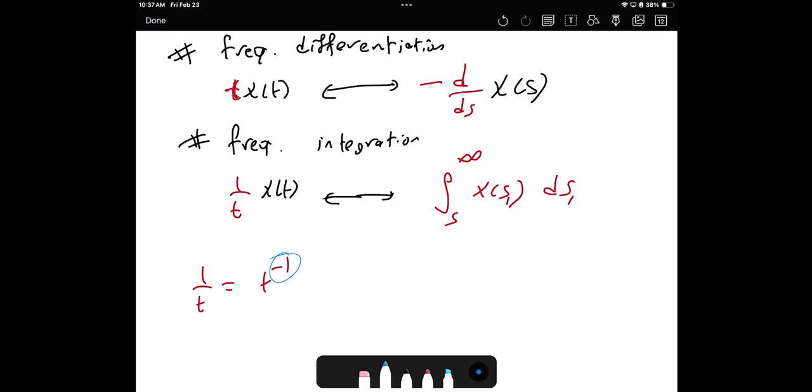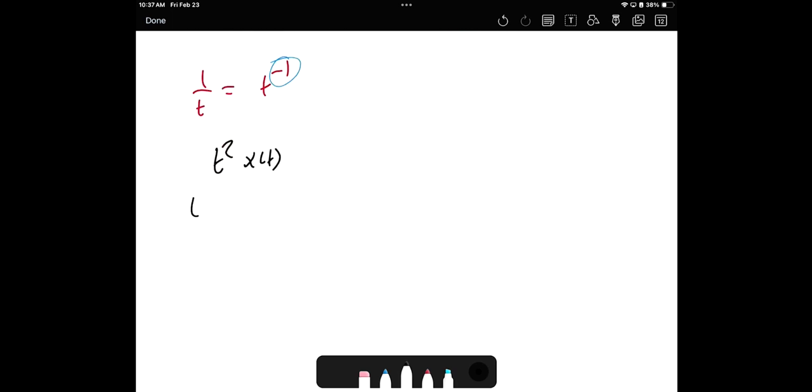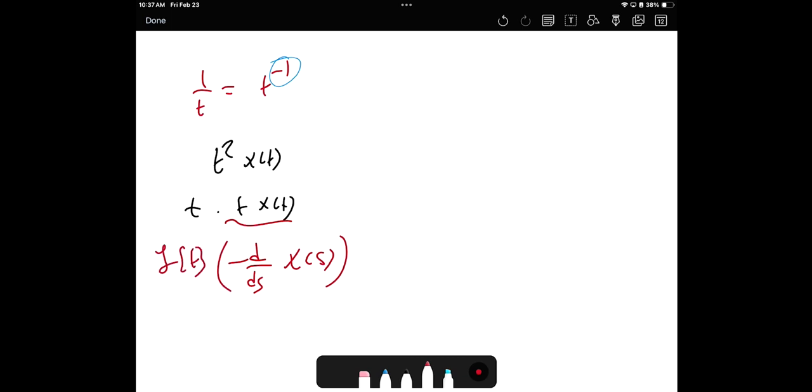So whenever we have, for example, t squared x of t, what you will make is t times t x of t. So you will do the first thing, the Laplace transformation of this, which will be negative d by ds x of s. Then you still need to do the Laplace transformation of t with this function.